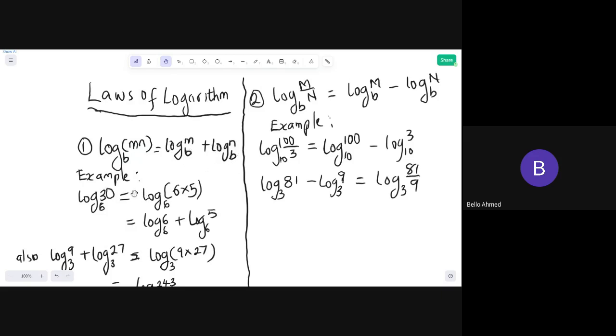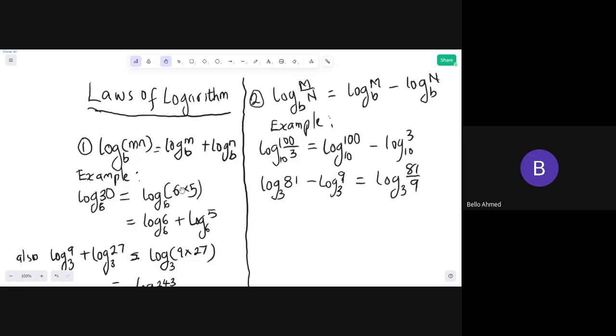Now, example. I want us to look at this example critically. So you discover that we have logarithm of 30 base 6. But if you want to follow the law above, this 30 has to be broken down to 6 times 5. So logarithm of 30 base 6 can be rewritten as logarithm of 6 times 5, because 6 times 5 is 30.